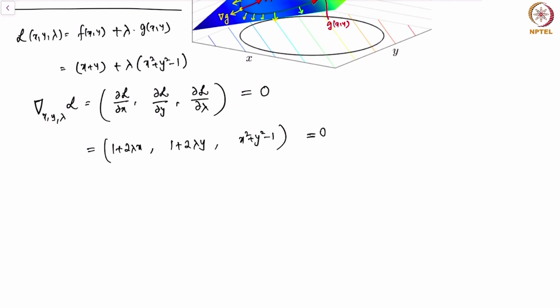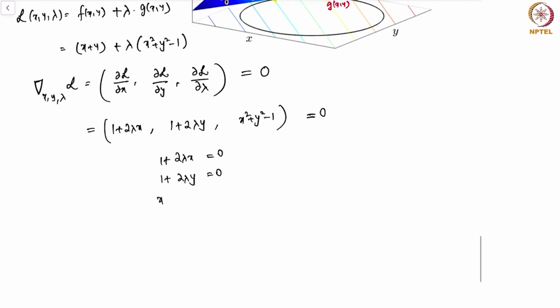Note that we are treating the Lagrange multiplier lambda on the same footing as x and y. So we now have three relations. 1 plus 2 lambda x is 0. 1 plus 2 lambda y is equal to 0. And we have x square plus y square minus 1 is 0. That's three relations for three unknowns. Unknowns x, y, and lambda, right?